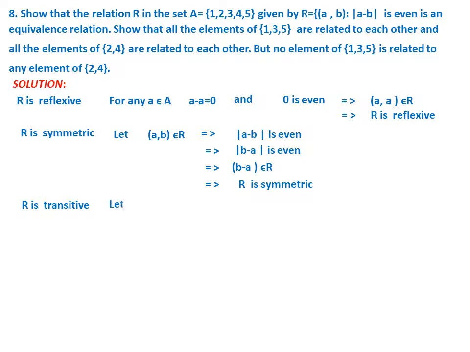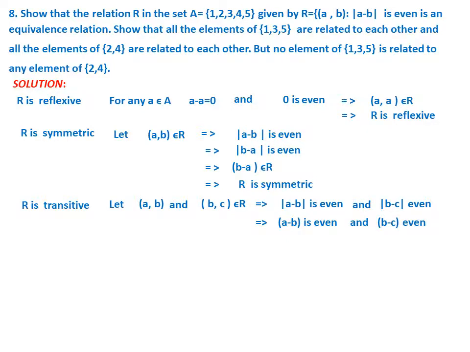We should be very careful in proving this one. Let (a, b) belong to R and (b, c) belong to R. This implies |a - b| is even, because the definition of R says mod only, and |b - c| is even. Now whenever |a - b| is even, a - b is also even only. So even if you remove the mod sign, b - c is also even. Now when these two numbers are even, the sum of two even numbers is even.